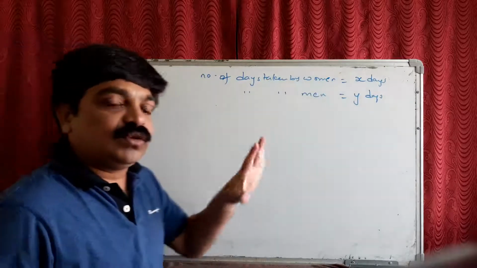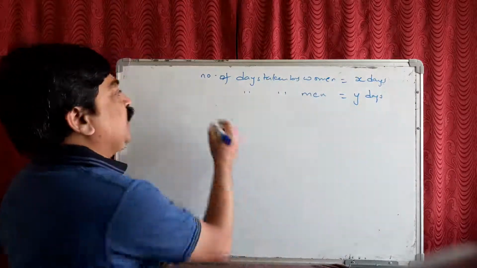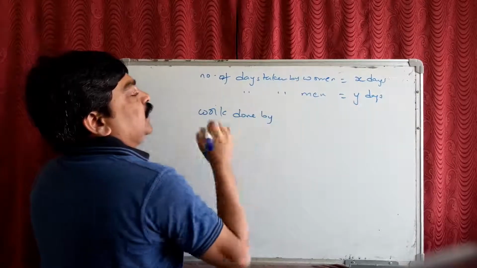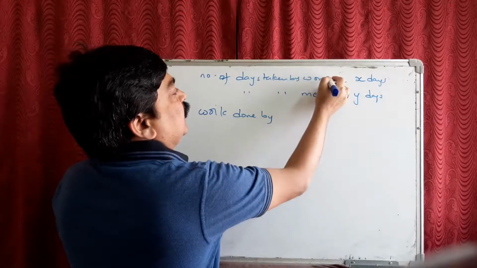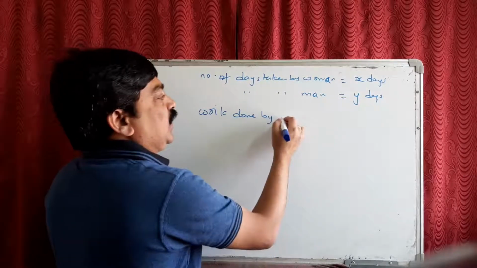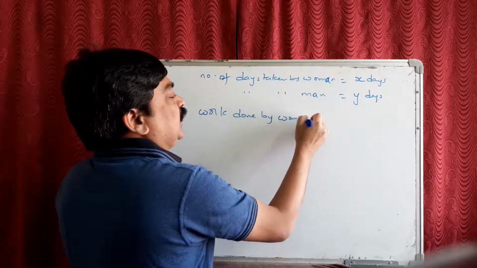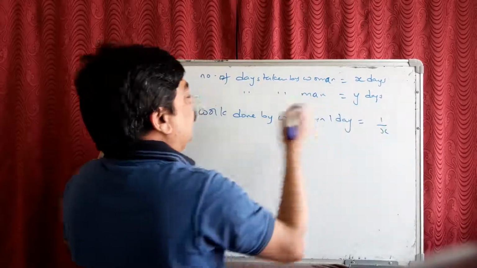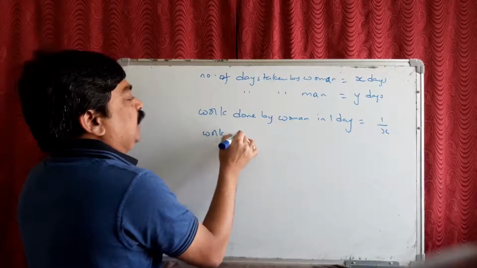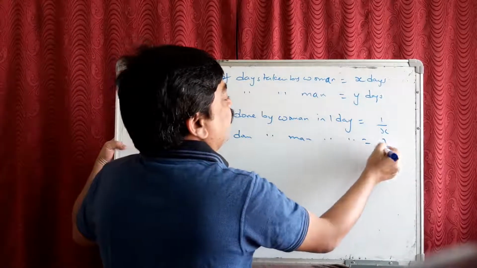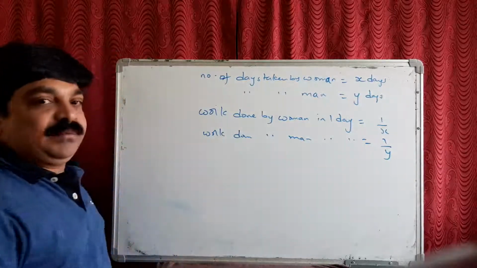So what we have to do in these cases is take the work done by one woman and one man. Work done by a woman in 1 day is 1 by x. Work done by a man in 1 day we take as 1 by y.